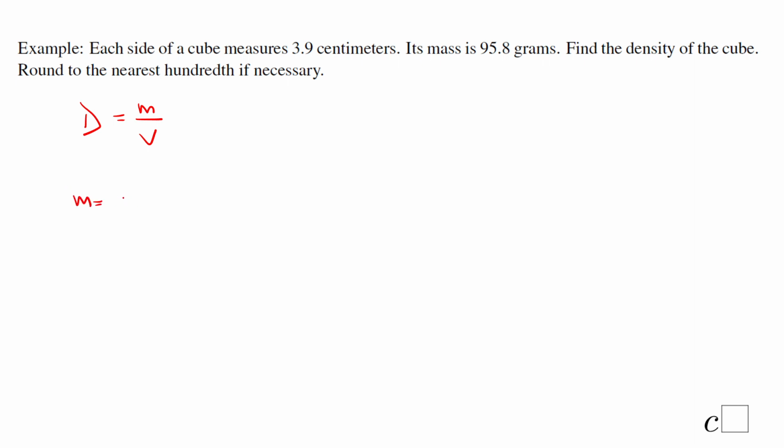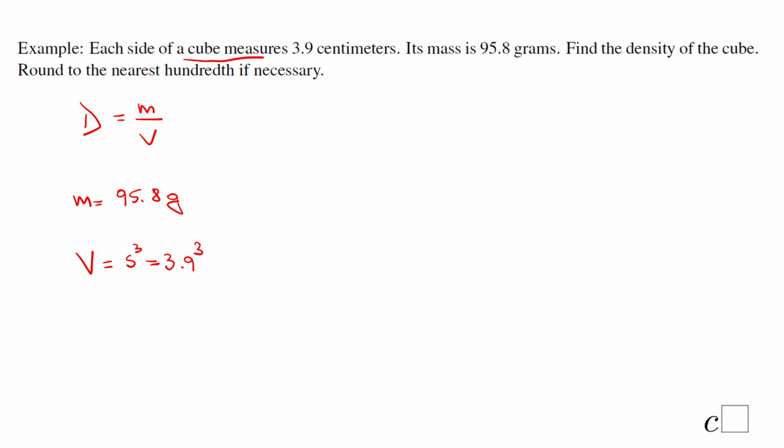The only thing we do not have is the volume, but this is a cube. So the volume of a cube is the side raised to the third power, side times side times side. So that will be 3.9 raised to the third power.